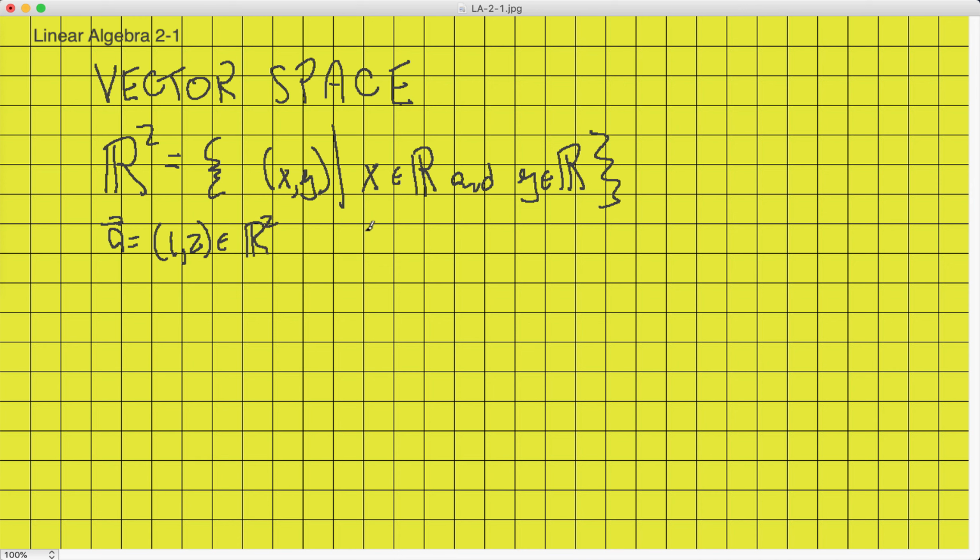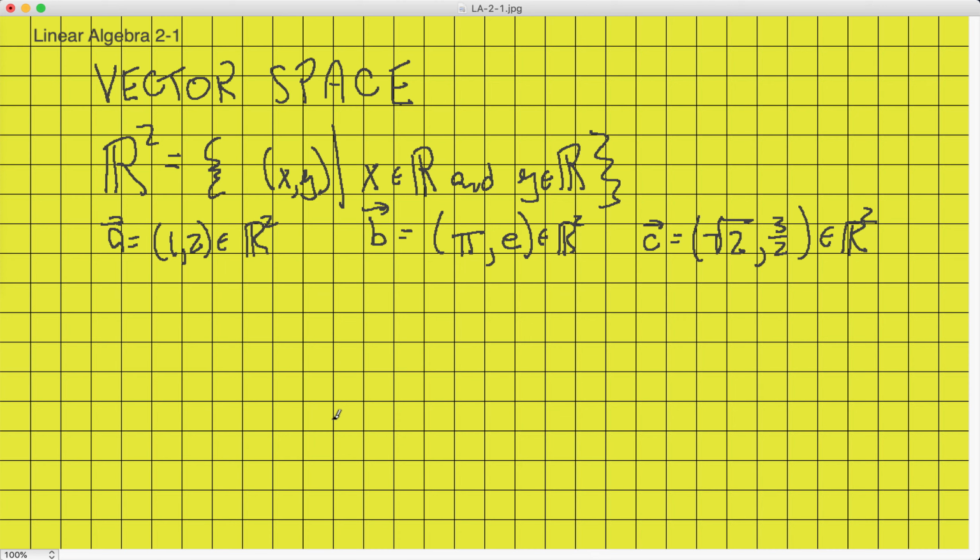And we can have all sorts of other weird stuff. We could have a vector B, where the x coordinate is pi and the y coordinate is e. That's also contained in R squared. We could have a vector C equal to (square root of 2, 3/2). All of these things are in R squared.